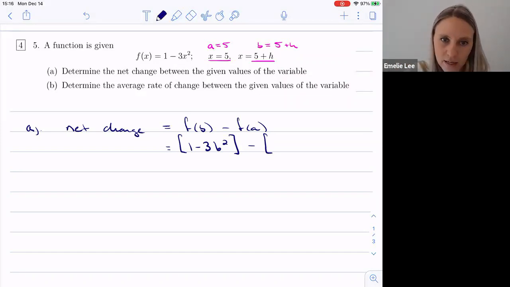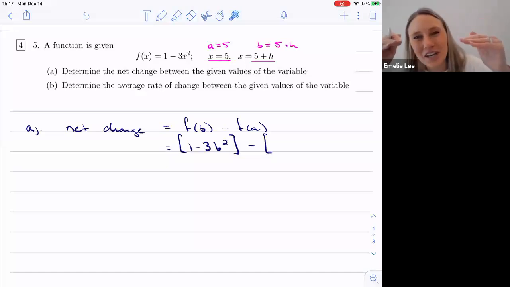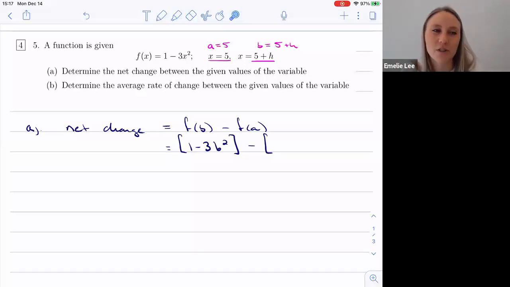Oh, that's the next one, the average rate of change. I jumped the gun. I get you to do the net change, and then you use that to find the average rate of change. Okay, so f of a is going to be 1 minus 3a squared.